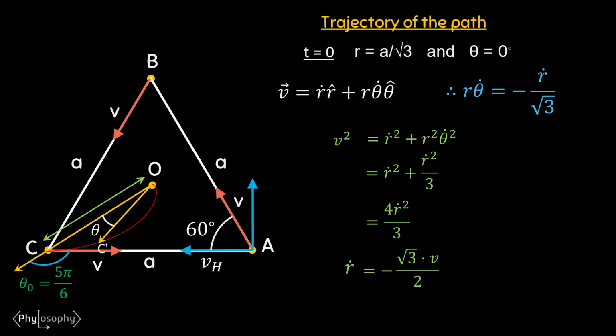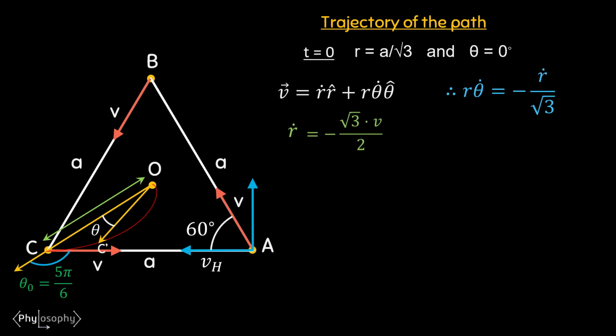Now, if you integrate it over time, then you will have r as a function of t equal to -√3 v/2 times t + c. Here, c is the integration constant. Now, using the initial condition for the particle, we can evaluate c.